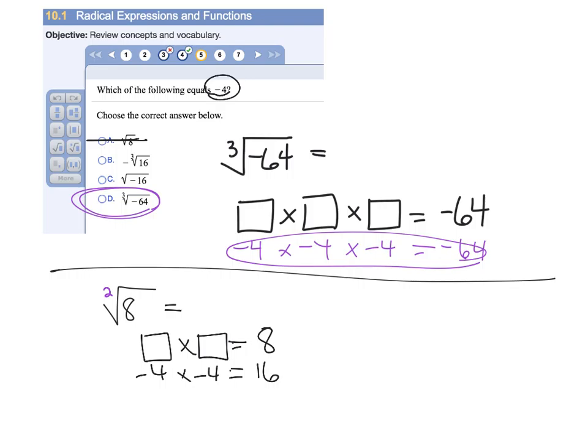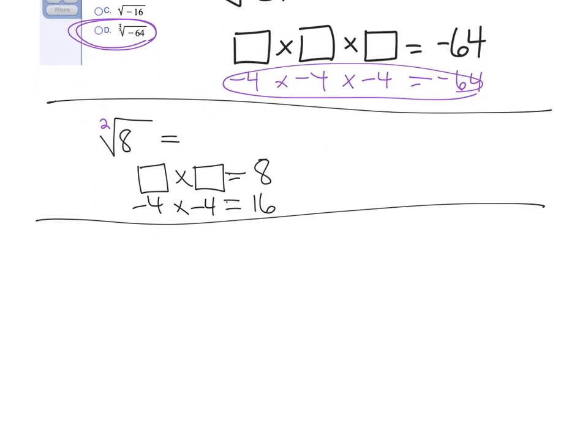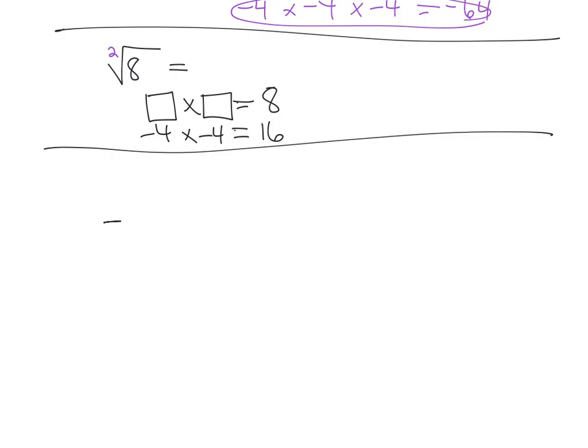If we want to eliminate B, that's the negative of the third root of 16. So what is that saying? That's saying stick the negative sign in front of whatever this answer is.